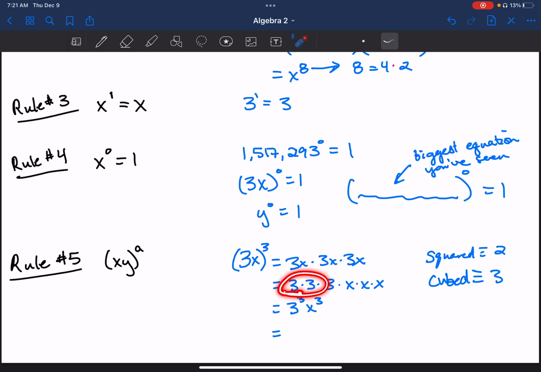Just one time. 3 times 3 is 9, and 9 times 3 is 27. X cubed. That would be our final answer. But what do we do looking at this step here? Well, we said that x times y to the a is x to the a times y to the a. And then you can simplify it from there.